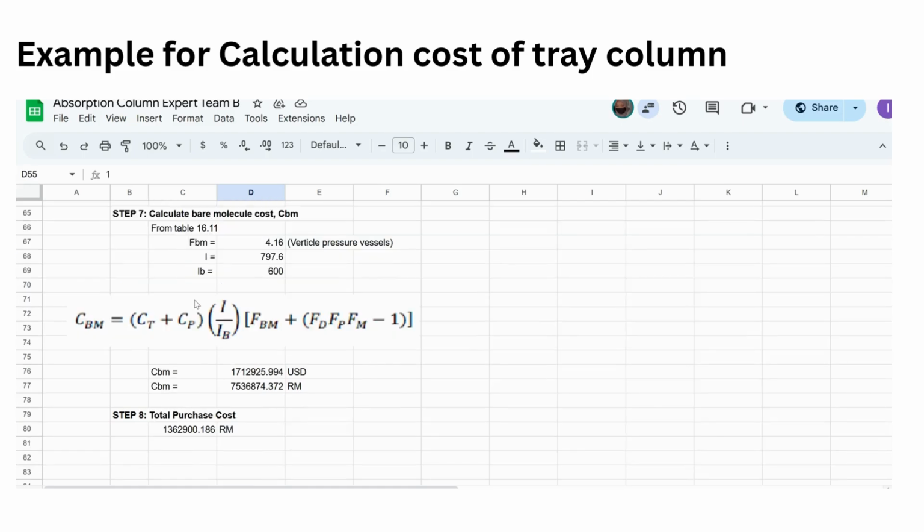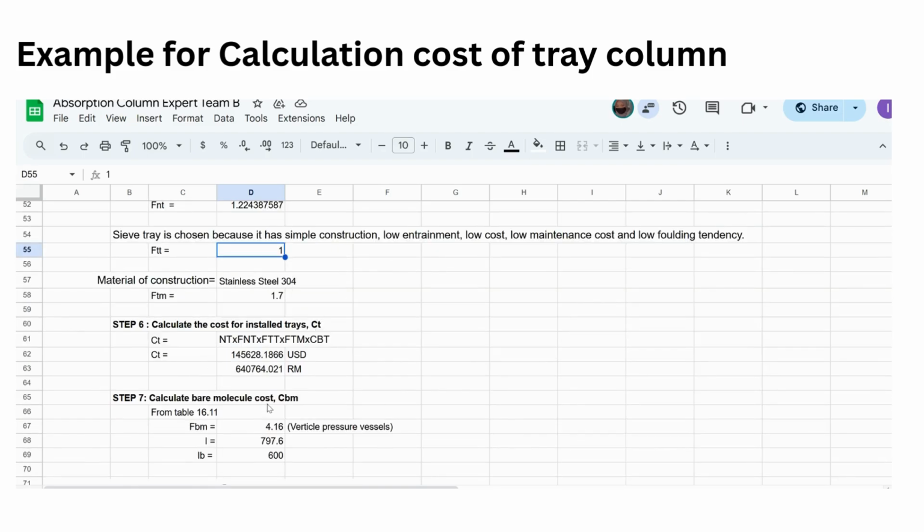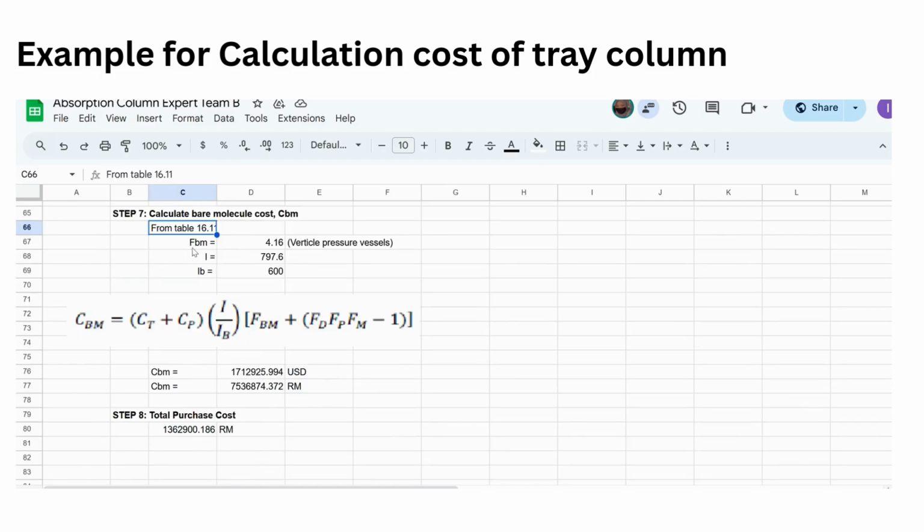Lastly, we calculate the bare module cost, CBM. From table 16.11, we identify that FBM was 4.16 for vertical pressure vessels, and the L and the pounds was 797.6, while the 600 is identified from this table.